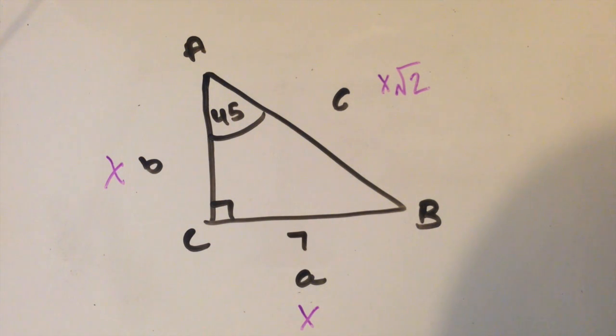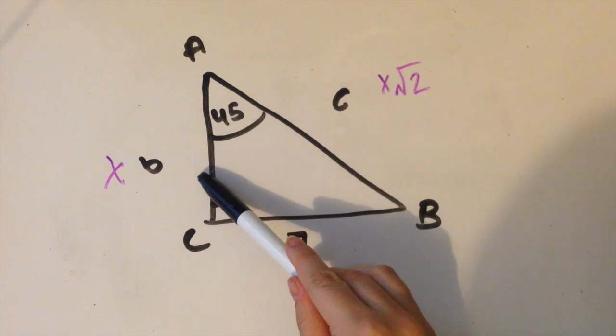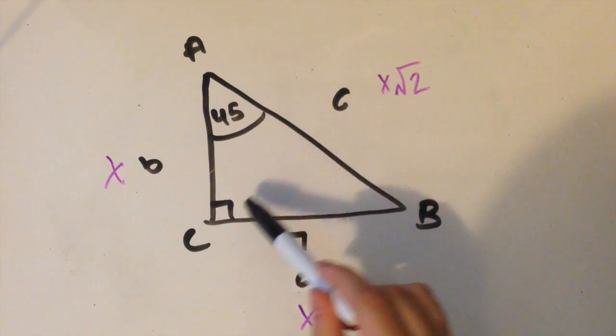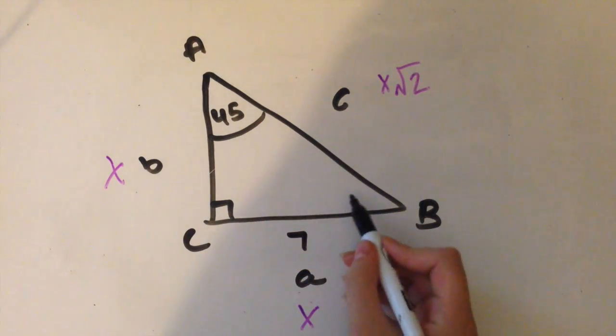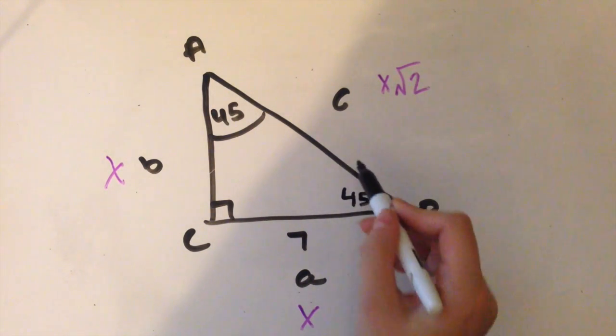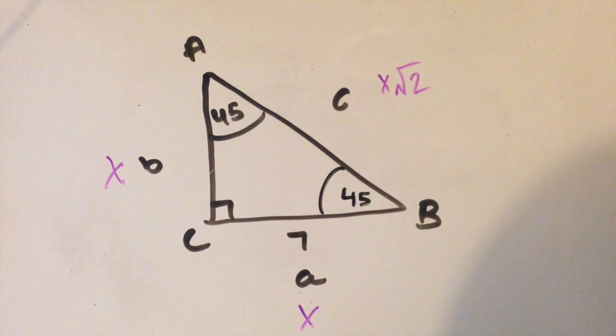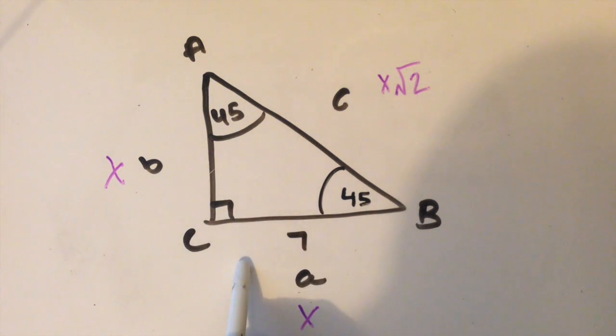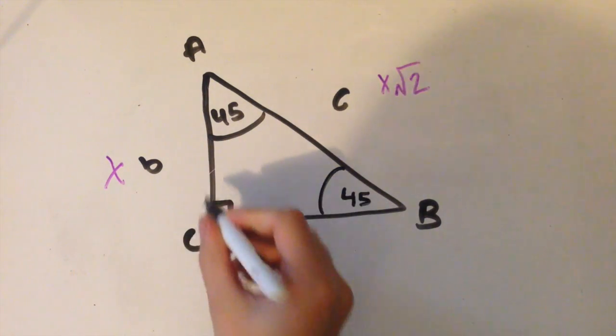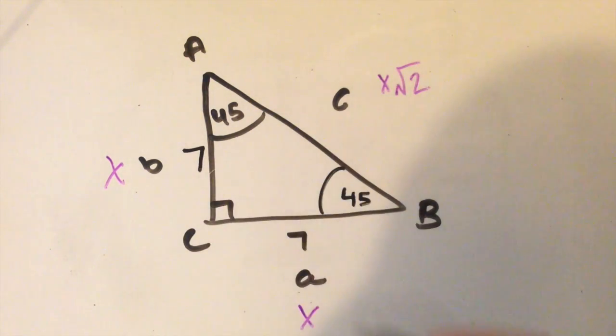Because we already know that one of these angles is 45 and this one's 90, that means that the other angle is 45 because it's our special 45, 45, 90 triangle. Then, in terms of the sides, if we know that one of the sides is 7, and both of these sides, because it's an isosceles triangle, have the variable x, the other side has to be 7.